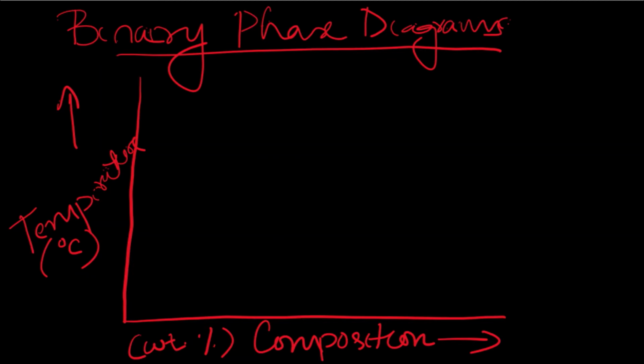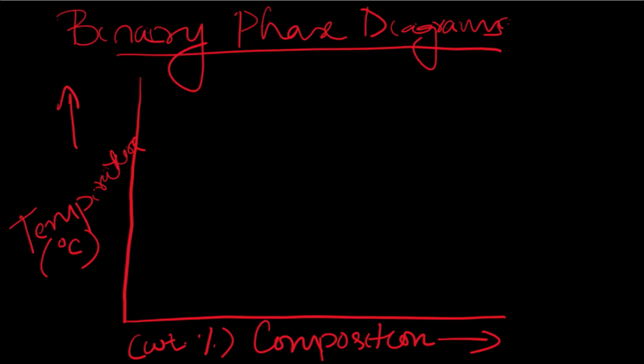But binary phase diagram is actually a plot of temperature versus composition. Here we are neglecting pressure. Otherwise, we are taking pressure as a constant, that is atmospheric pressure. So binary phase diagram depicts the relationship between the phases in a system as a function of temperature and composition. Pressure is fixed.